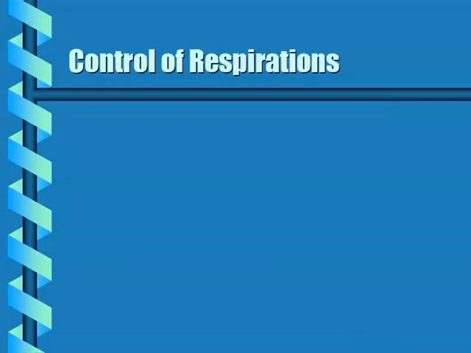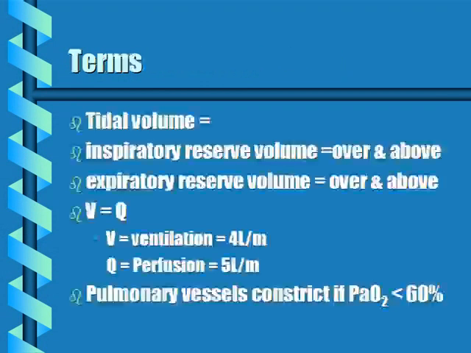Your pulmonary vessels will constrict if your PaO2 is less than 60%. Everywhere else in the body, your blood vessels dilate, but in the lungs, they will constrict.